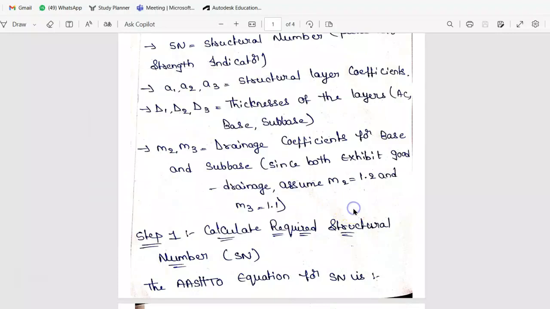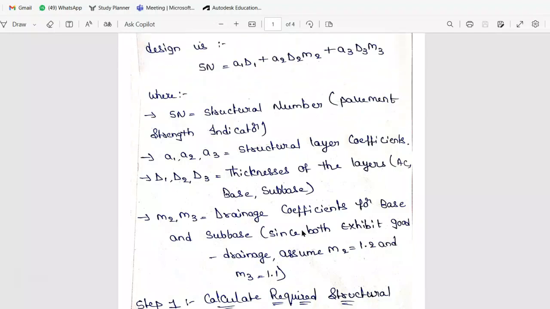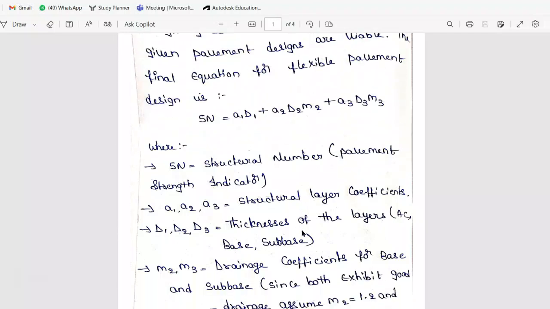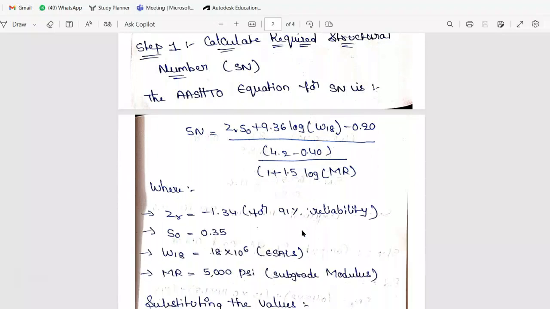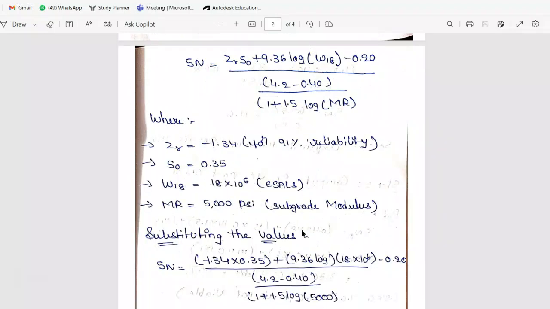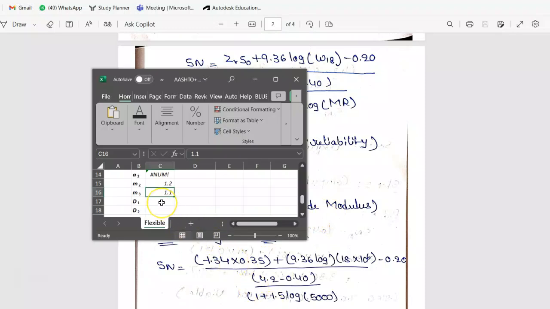After this, we have the values of other things. Majorly MR equals 5000 psi.